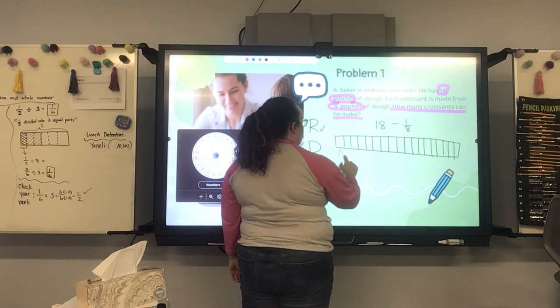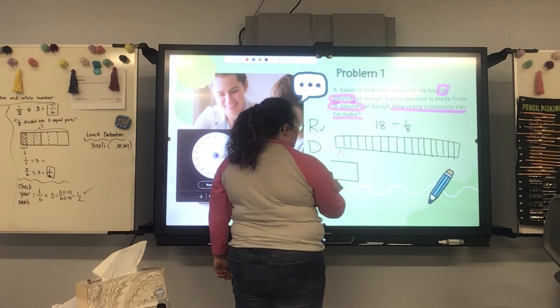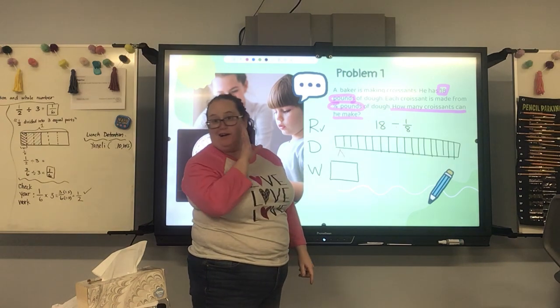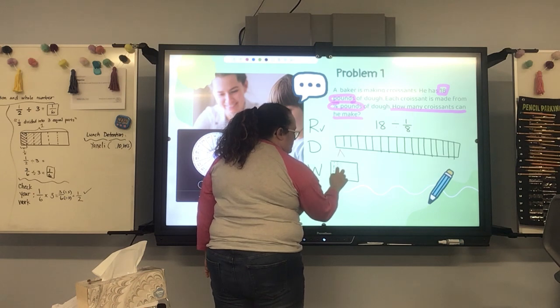Okay, so what Miss P is going to do is I'm going to draw a bigger box down here so that you can actually see, because if I split this little box into 8 pieces, you're not going to really be able to see what I did. So I'm going to split it into 8 pieces.